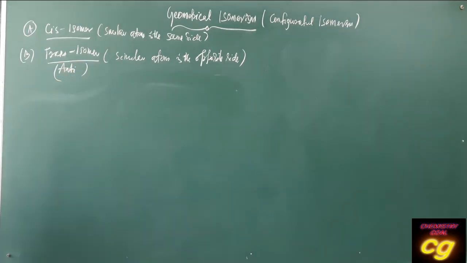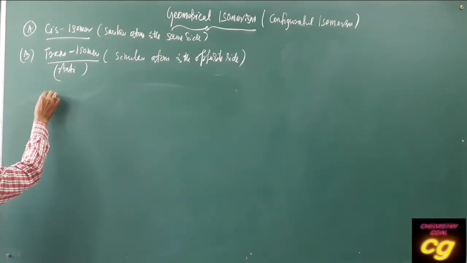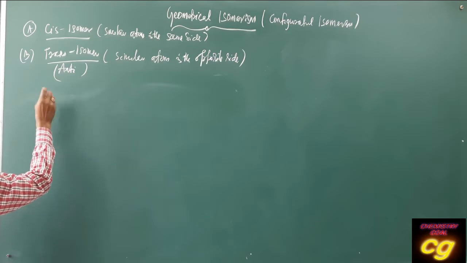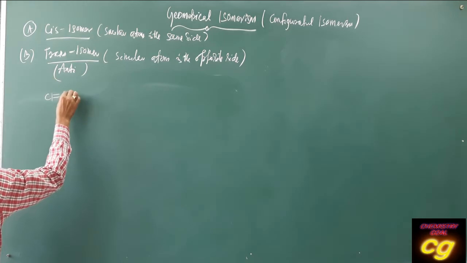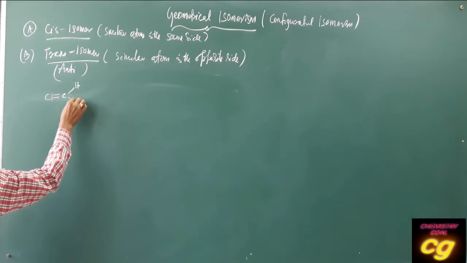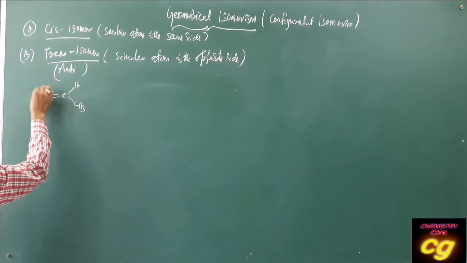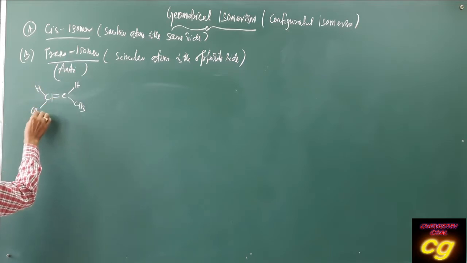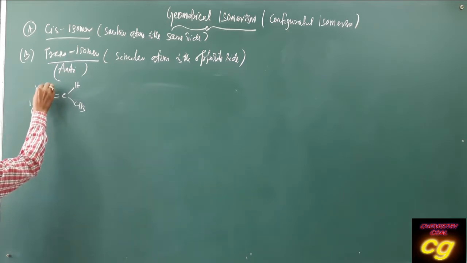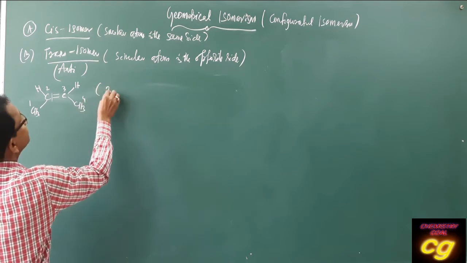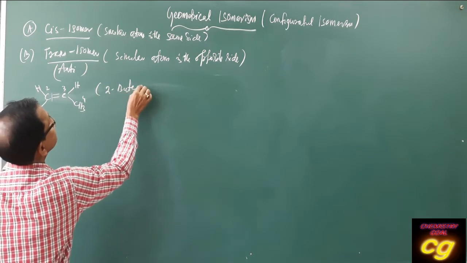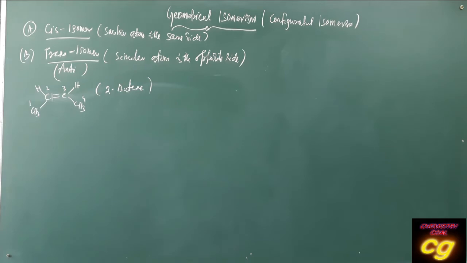Let us discuss examples of cis and trans isomers. If you give the numbering 1, 2, 3 and 4, this is 2-butene, which has a carbon-carbon double bond.